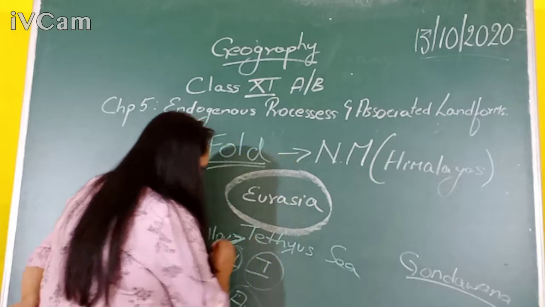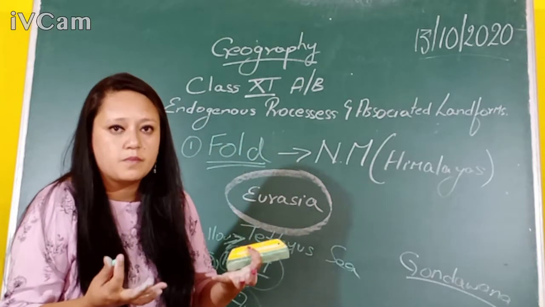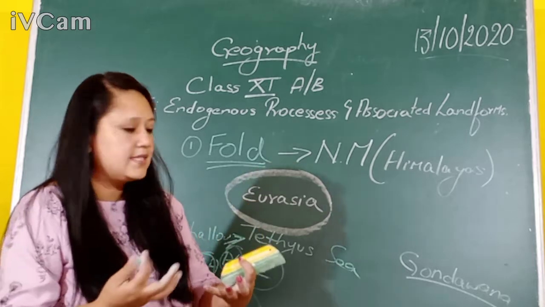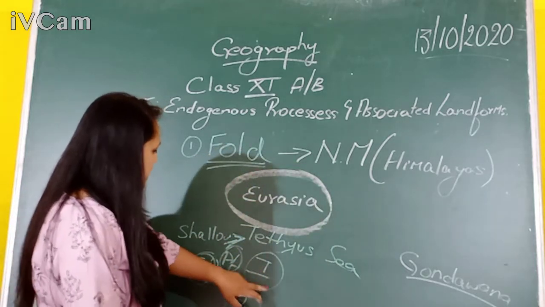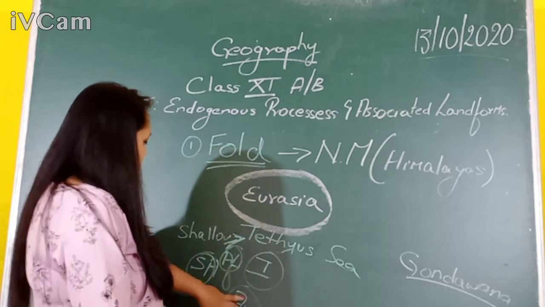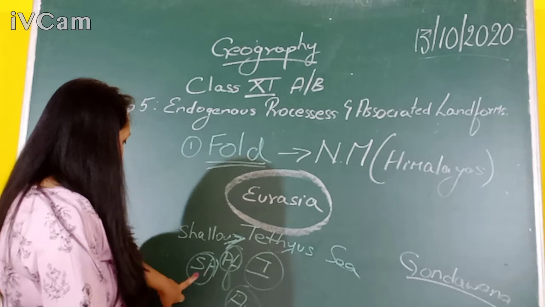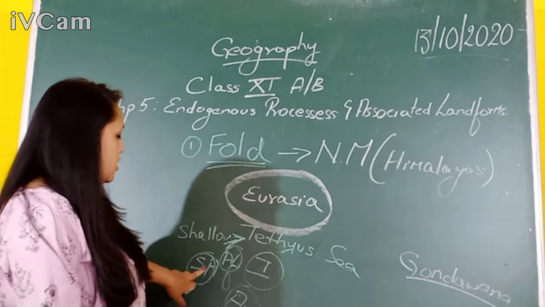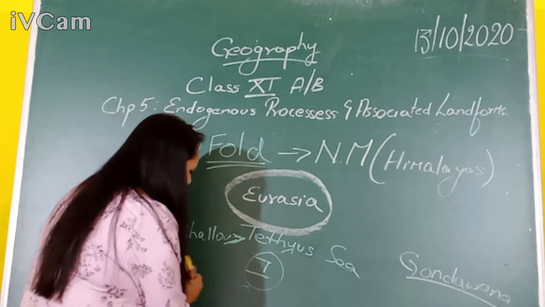So the Gondwana landmass started breaking because of the cracks that started taking place, and it formed the southern part of India, Australia, South America and Africa. Now let us just learn about India.